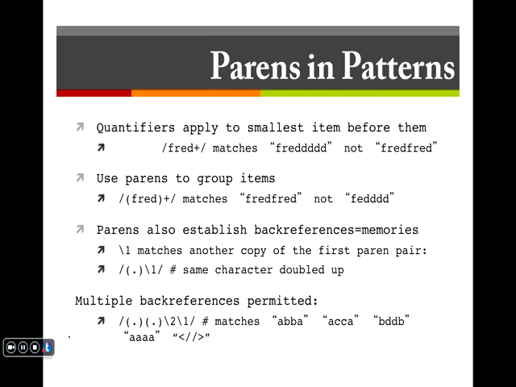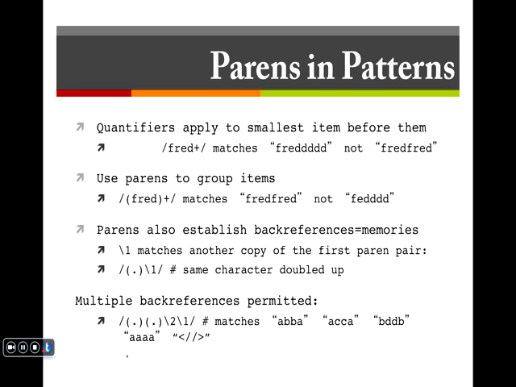Let's say the first letter that appeared was A. So what I am saying, the backslash says I need a second copy of what is already in that set of parentheses. So if it was A at the beginning, I need a second A. So A followed by A. If it was B, B followed by B. So as you can see, I'm just finding the pairs in the characters.